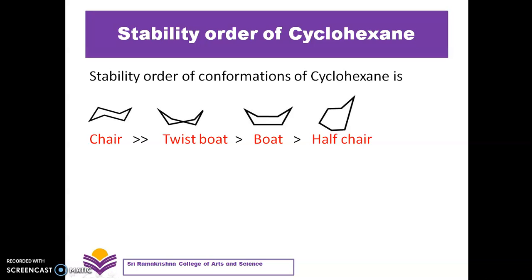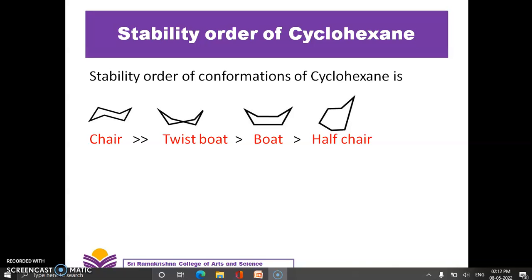The stability order of cyclohexane: the chair form of cyclohexane is the most stable among the twist boat, boat and half chair. Cyclohexane has the ability to switch between the conformations, and only the chair and twist boat conformations can be isolated in pure form.